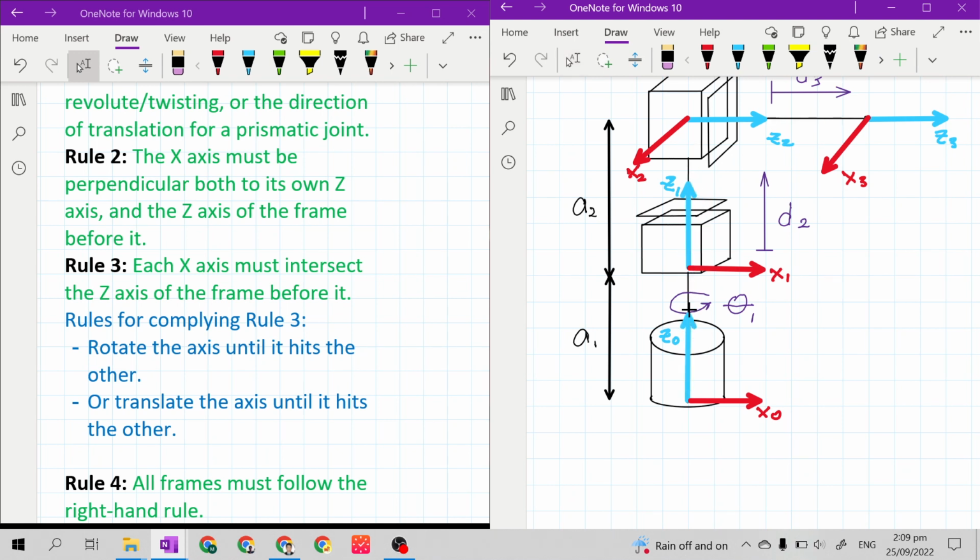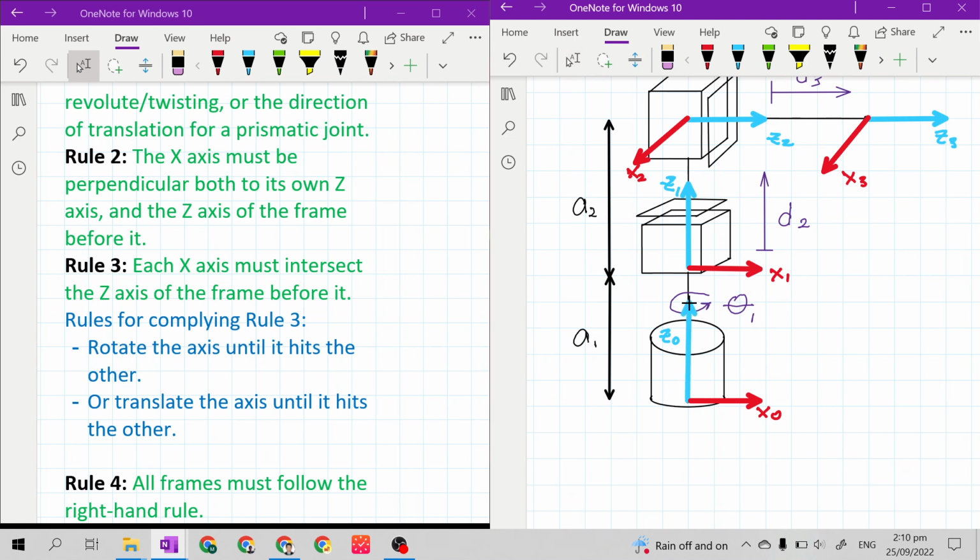You will extend z sub 0, then see if z sub 0 is intersecting with x sub 1. Okay? So everything here is the x-axis. Remember that. Because everything here is x sub 1 axis, z sub 0 is intersecting with x sub 1.